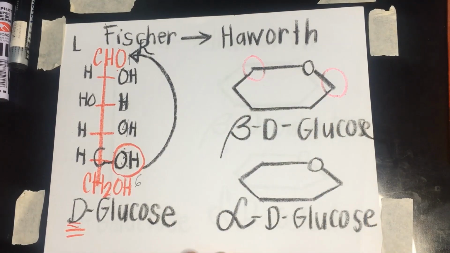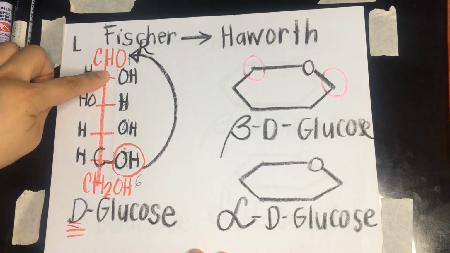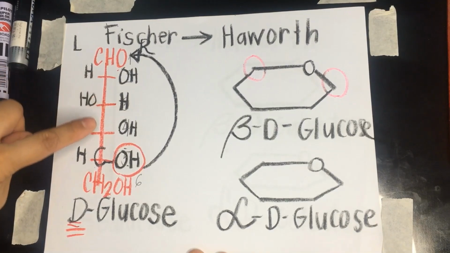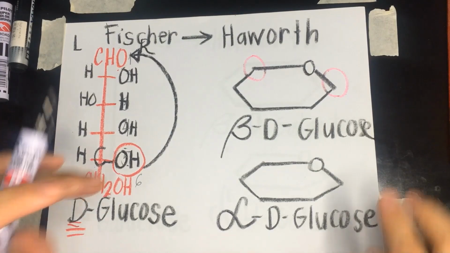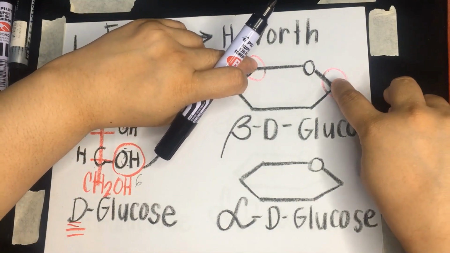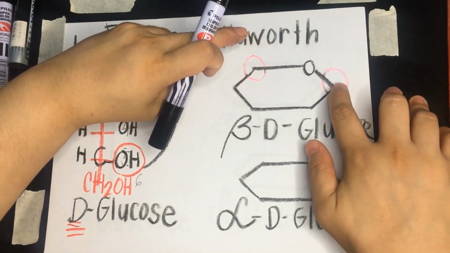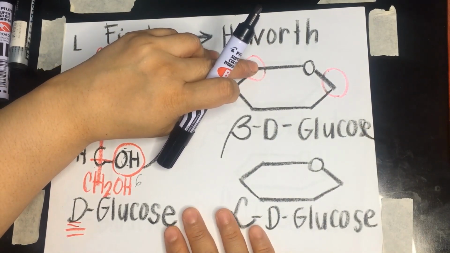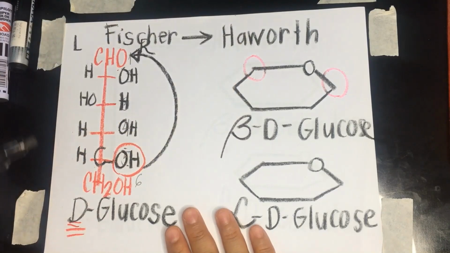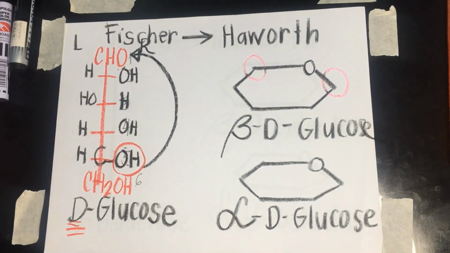Instead, I will be starting with carbon number 2, 3, and carbon number 4. Okay? So, I'm now going to answer this encircled one, carbon number 1, and carbon number 5 and 6 will be the last to be answered. Okay? So, let us now answer and do the Fisher projection.